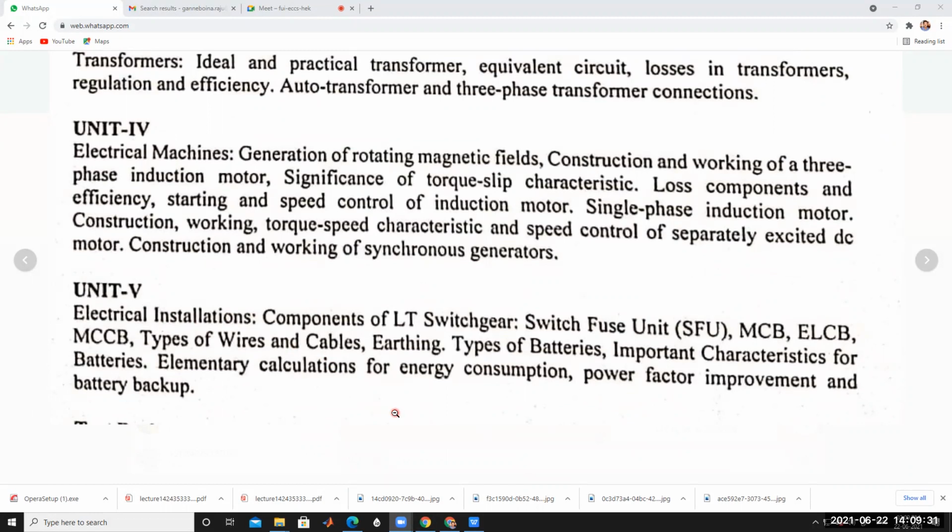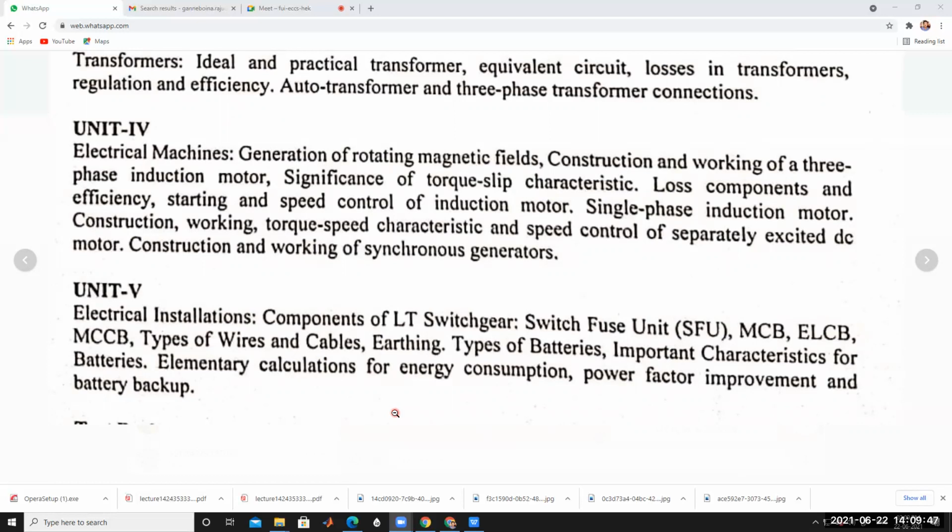So this MCB is used. Understood? And then ELCB is called earth leakage circuit breaker. This is also important, and is used to protect against earth leakage and ground faults, that is, short circuit to ground.